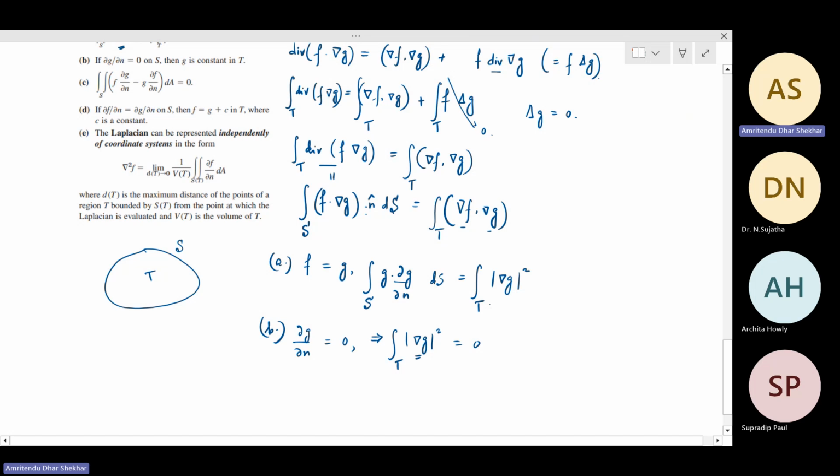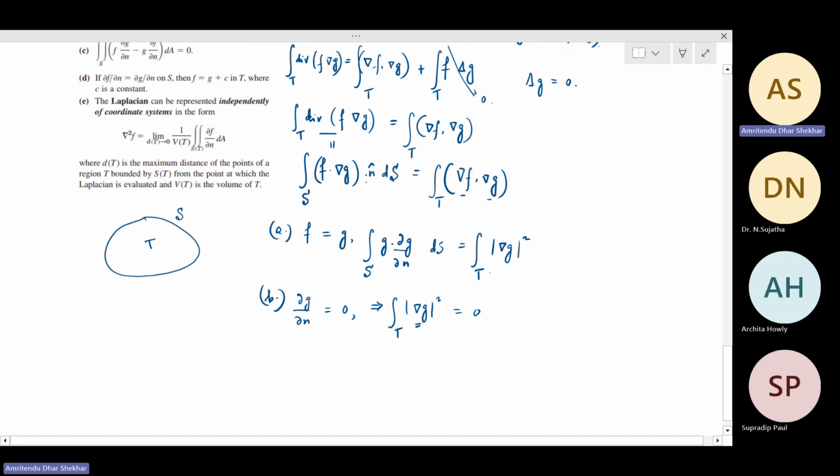But of course, this is a positive quantity, so the integration of a positive quantity can be 0 if and only if grad of g is equal to 0 on T, which means that g is a constant. Okay, so this is an interesting result for sure.